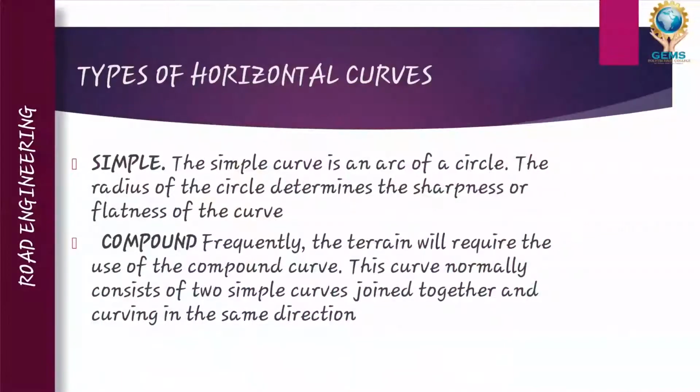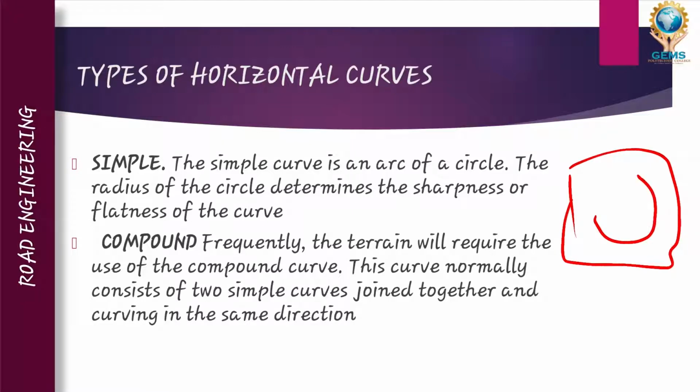Next we will see the types of horizontal curve. In horizontal curve there are four types. The first is the simple curve. A simple curve is an arc of a circle, and the radius of the circle determines the sharpness or flatness of the curve. Suppose we are taking this area and the road is going through it, we will see the area.